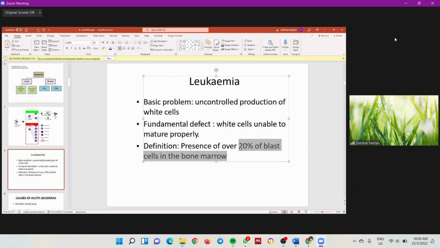When you do a bone marrow aspirate and a smear, you count the nucleated cells, and for example, from 100 nucleated cells, if there are more than 20% blasts, it qualifies for you to say the patient has acute leukemia.